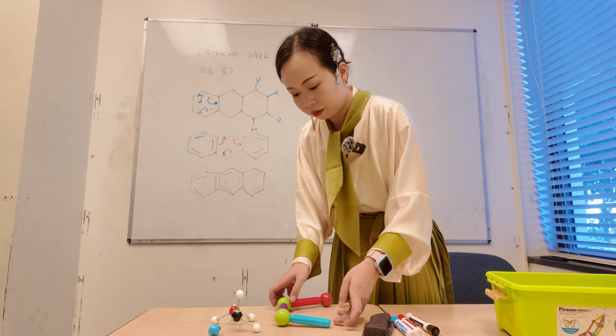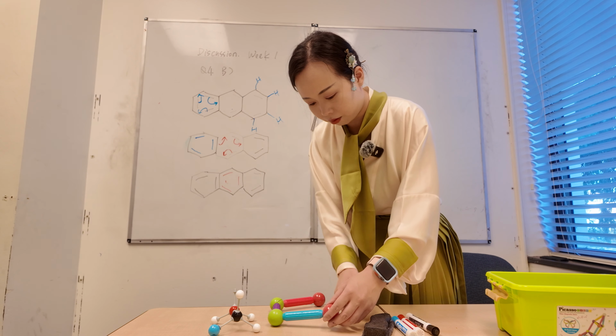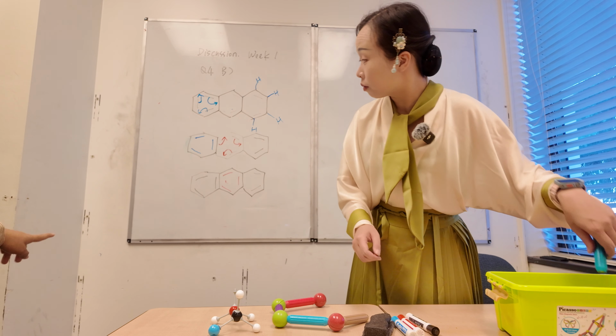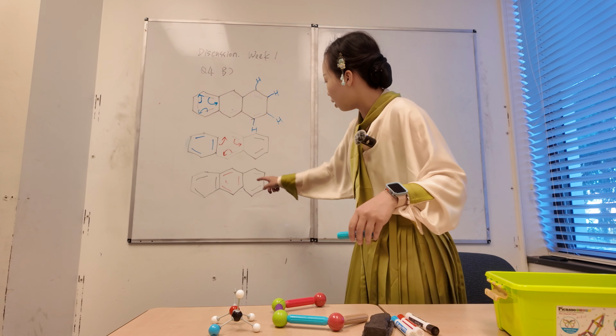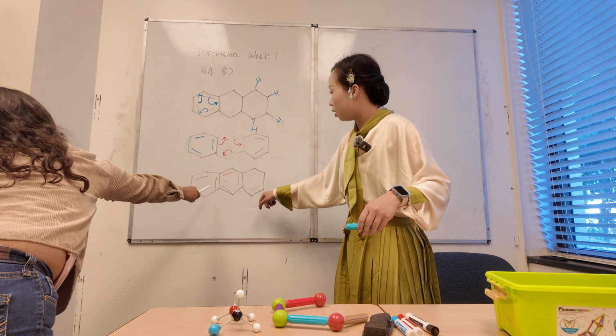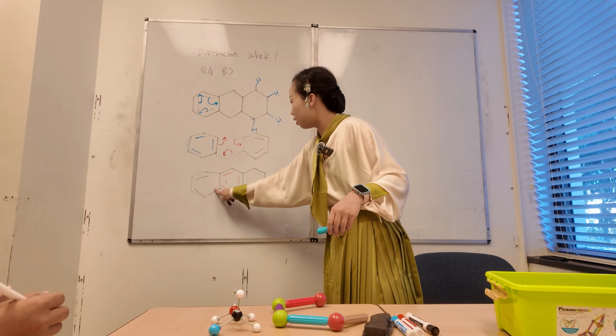I think there shouldn't be a double bond right there. The black one? Right here? Yeah, there shouldn't be one. Oh yeah, okay.